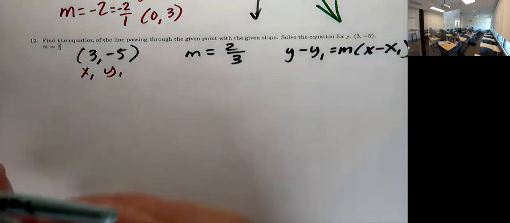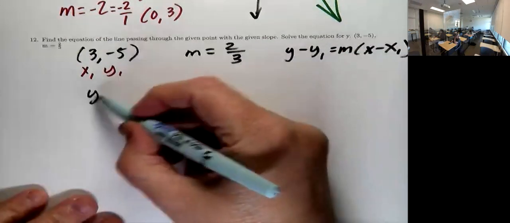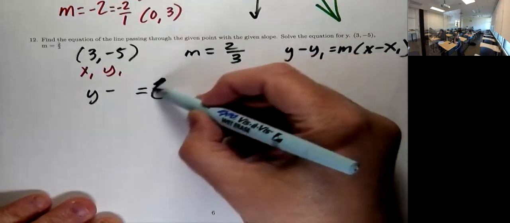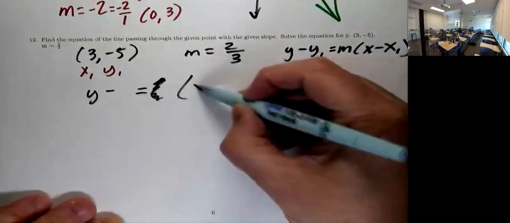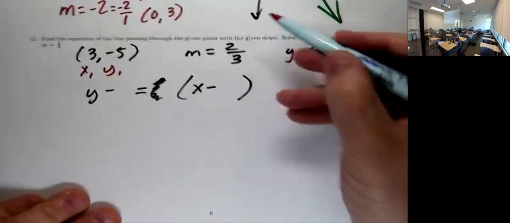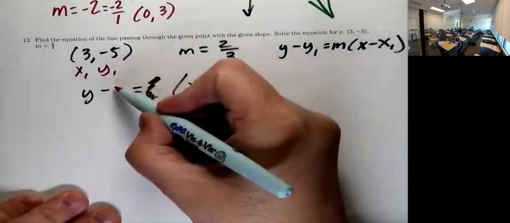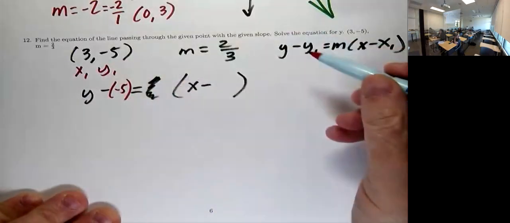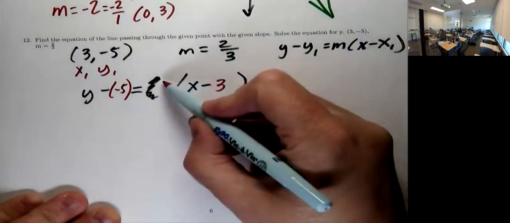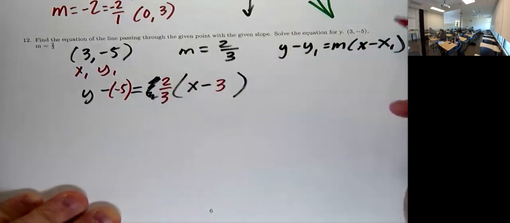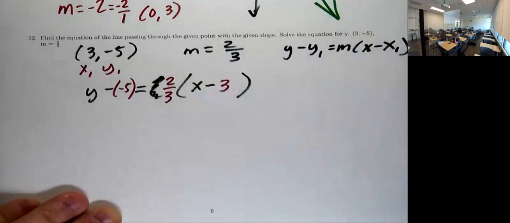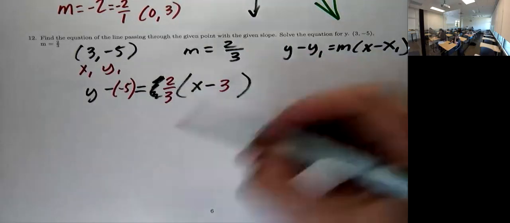And I can fill in everything there. y minus blank equals m in front of the parentheses, x minus blank. Y1 is -5, it goes right here. X1 is 3, goes over here. So it would be y minus -5 equals 2/3 times x minus 3.